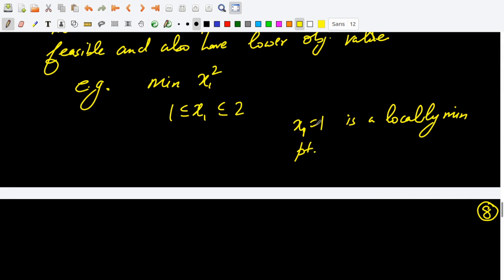Notice that if I go below 1, my objective function will actually be better, but I will be leaving the feasible region.